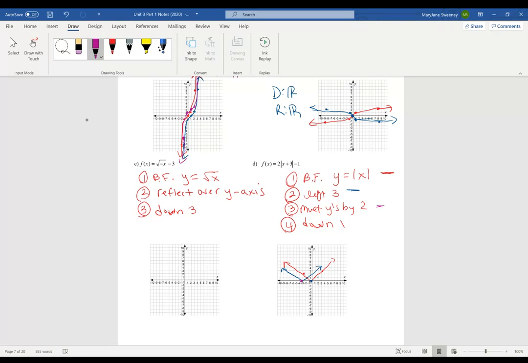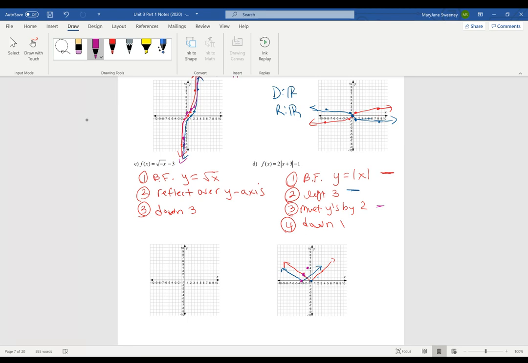Okay, so now multiply the y's by 2. So 0 stays at 0. 1 goes up to 2. Gosh, this is so hard to see here. Where it's at a y value of 2, it's going to go up to 4. Same thing over here.